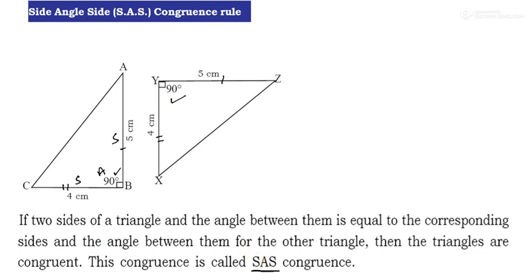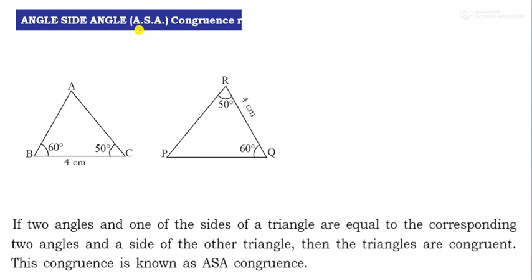Now come to the next congruency, that is angle side angle. Here is angle, side, and then your angle. You can see here, this angle is equal to this angle, this side is equal to this side, and this angle is equal to this angle.